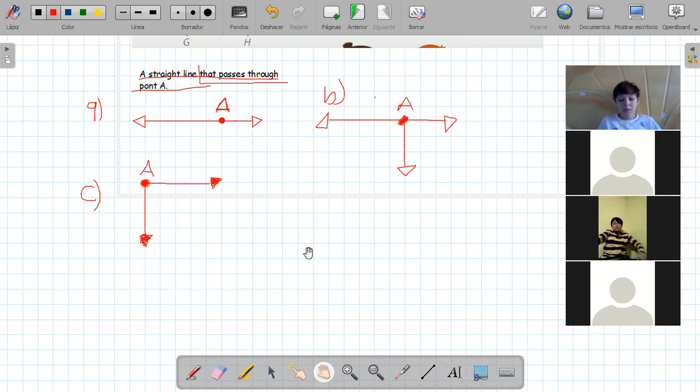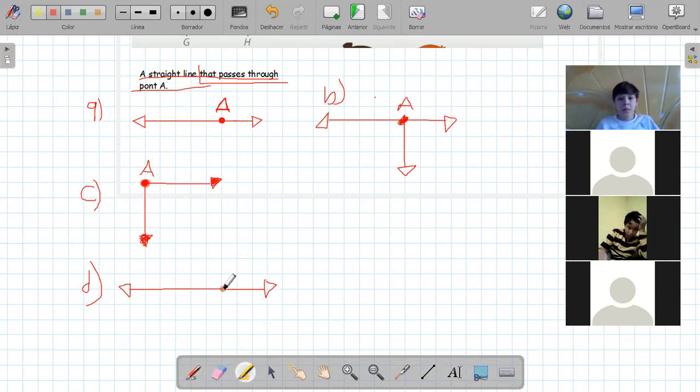Two straight lines that intersect at point A. So we are going to take the A into consideration. I'm going to draw one line like A, because it's asking me about the straight line. Yes.